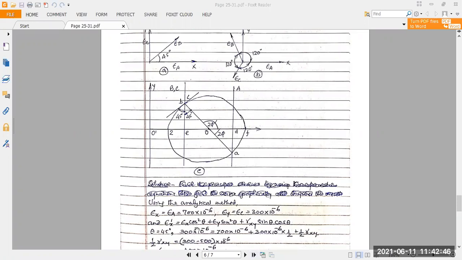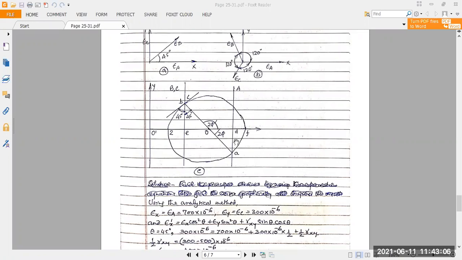Now, here we are assuming that epsilon A is working along the x-axis, and epsilon Y is equal to epsilon C, which is acting along the y-axis. Gamma XY cannot be measured from any of these three gauges. We have to calculate that.